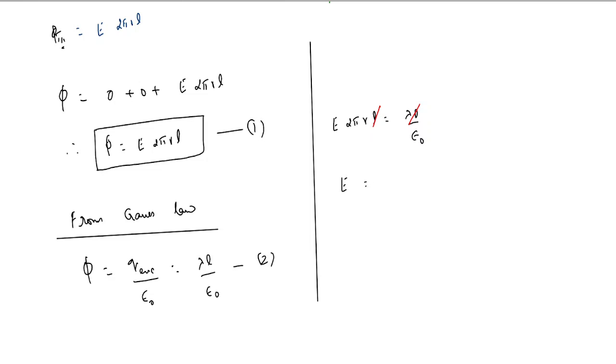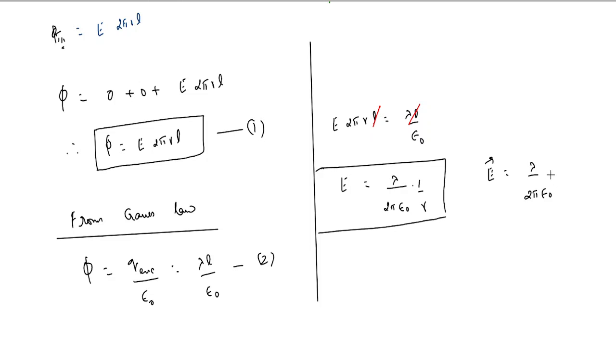Therefore, E from here is lambda by 2 pi epsilon naught into 1 by r. This is the required form for the electric field. In terms of a vector quantity, E is equal to lambda by 2 pi epsilon naught into 1 by r into r cap. R cap means it is going out radially.